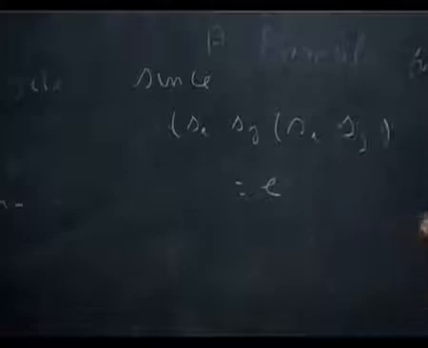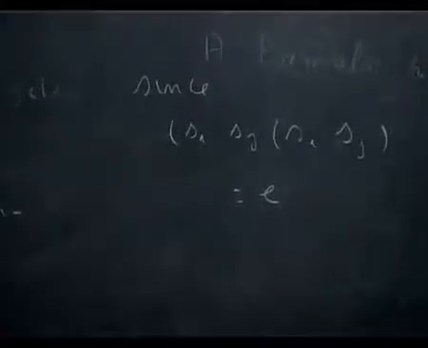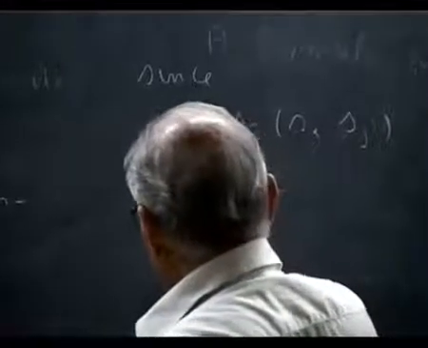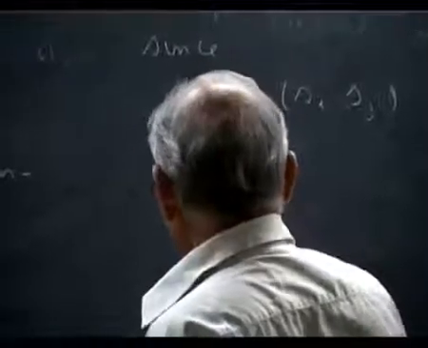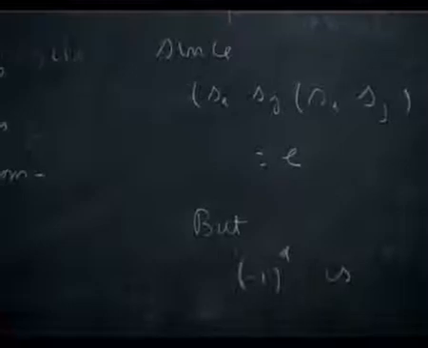So I can add these things. So I cannot fix the number, but the evenness or oddness, that is minus 1 to the power of D, the evenness or oddness of the number of factors is unique.